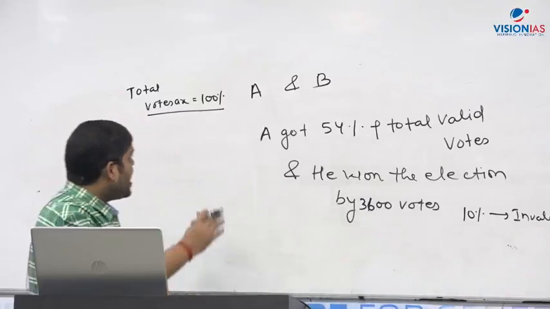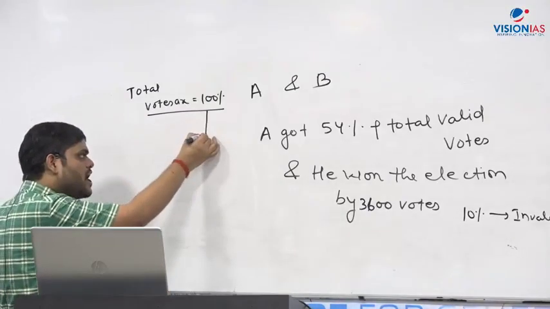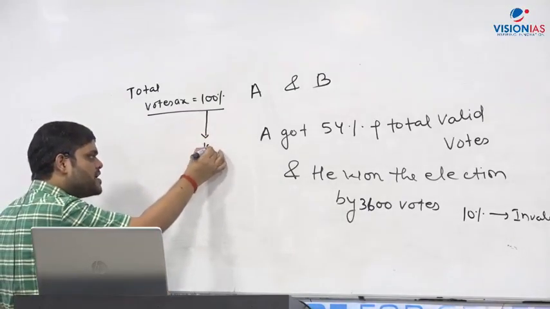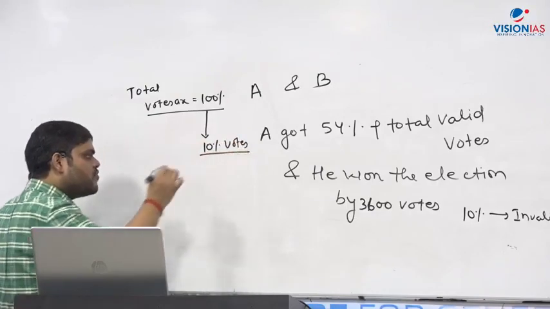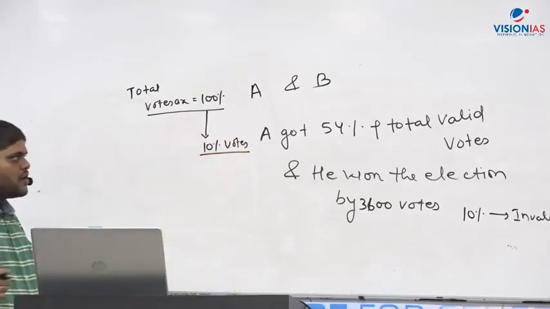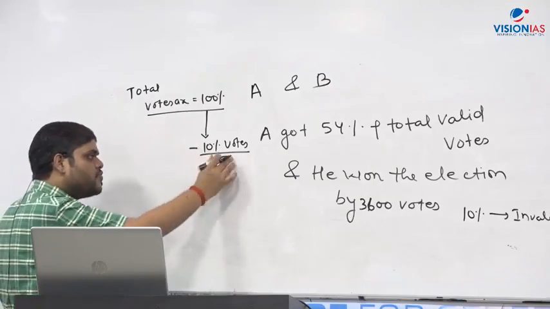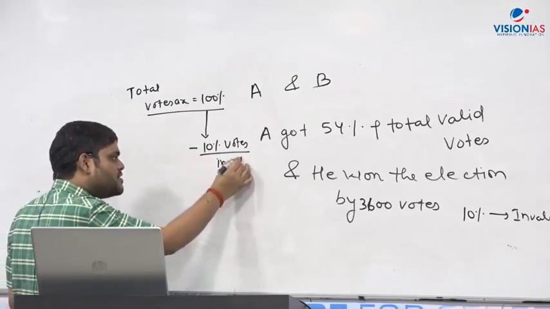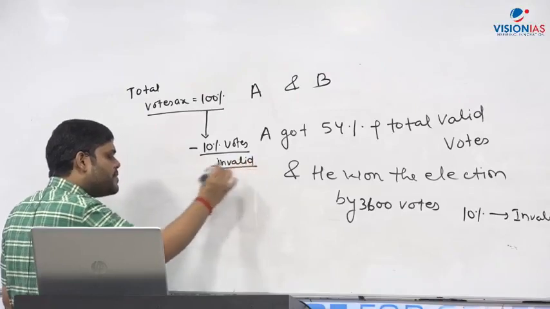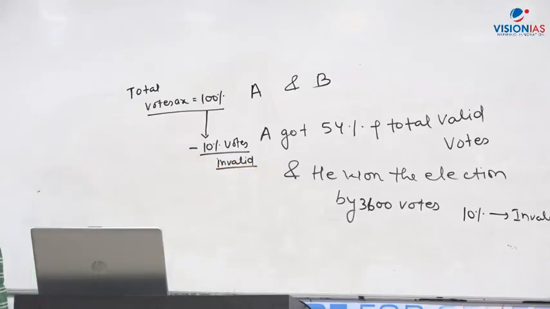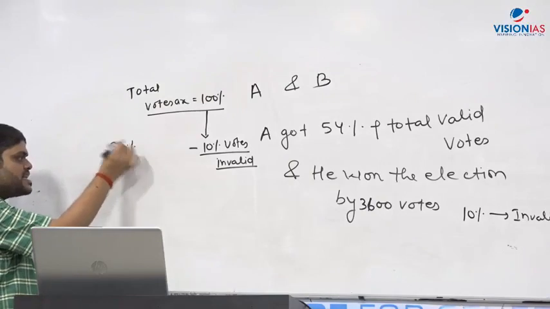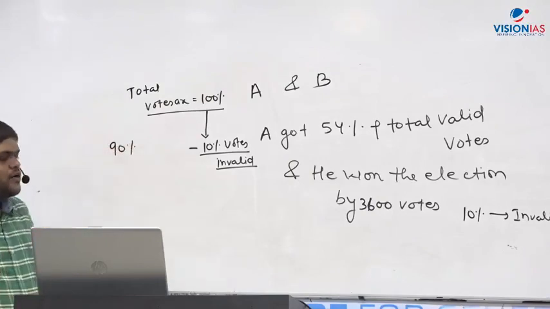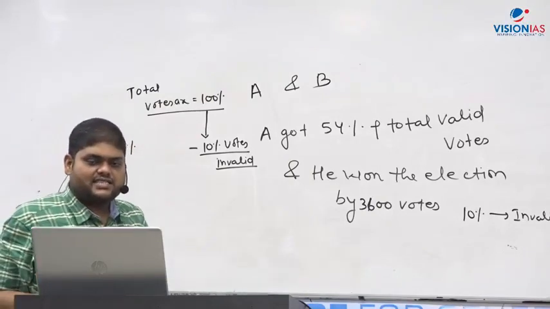That means out of total vote I have to remove 10% of the votes, because 10% votes are invalid. So how much is left? Now 90% is left.